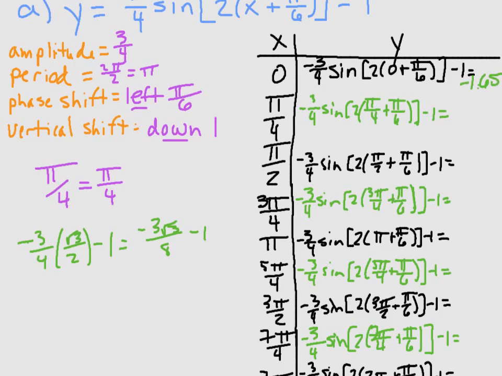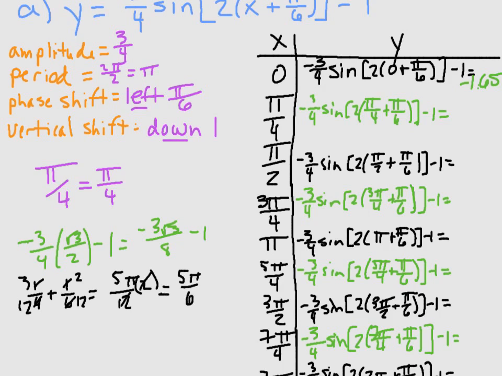Okay, then for pi over 4, when I plug that in, pi over 4 plus pi over 6 gives me 1/4 plus 1/6, so then that gives me 3/12 and 2/12, so then I'm getting 5/12 for my fraction. Then multiplying by 2 reduces it to 5 pi over 6.